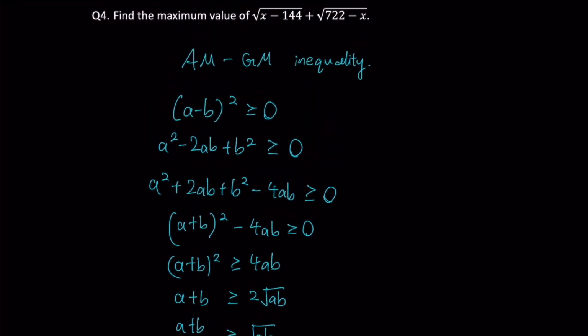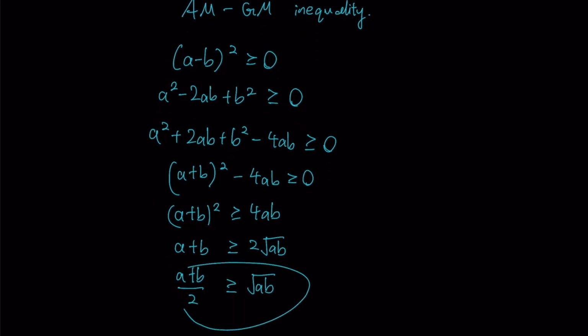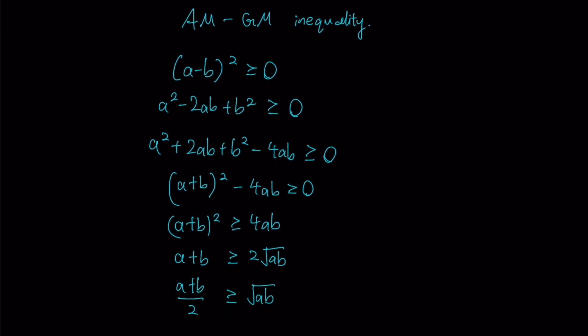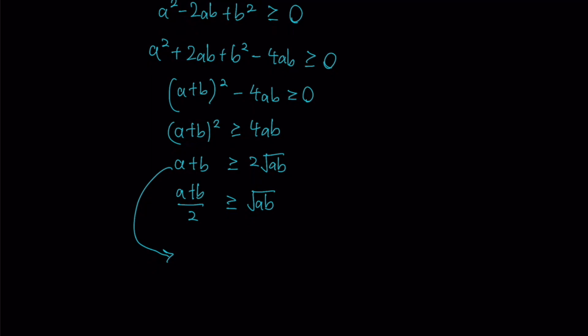And it turns out that this result is rather crucial in solving this question today, because we can do some manipulation to this result in order to link it back to the statement given by the question. Now the question is, how so? Now we can pick up where we left off from this step over here, because if we were to add a and b to both sides of this inequality, what we realize is that we have 2 times a plus b greater than or equal to a plus 2 root ab plus b.